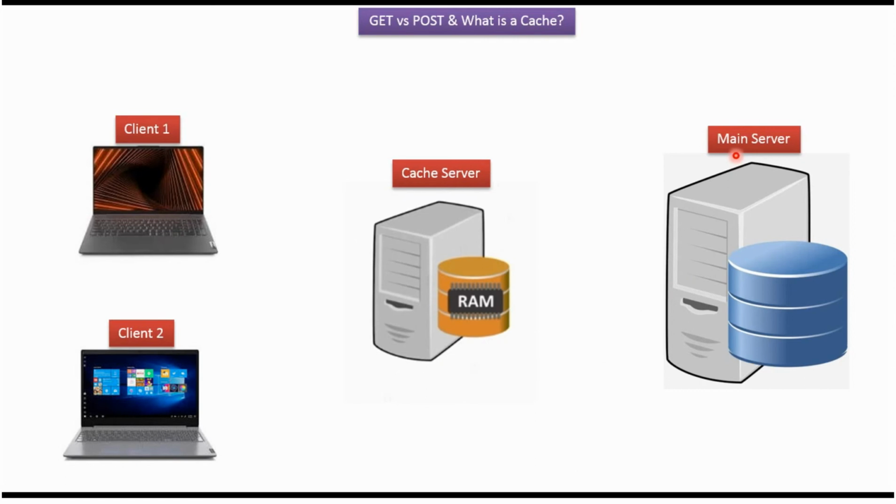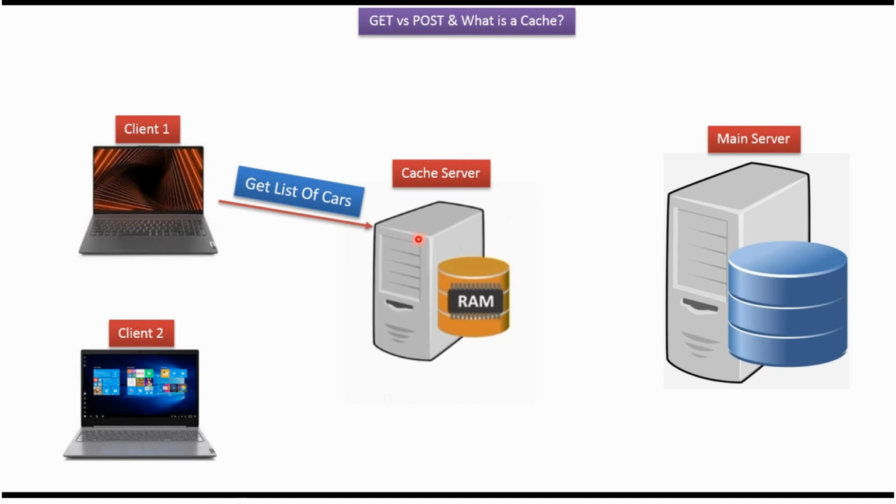Here you can see the main server, and here you can see the clients, and in between client and main server, a cache server is introduced. Client 1 sends a get list of cars request to the cache server, and the cache server receives the request. It will check whether the list of cars is available in the cache server or not. This is the first time request, so it won't be available.